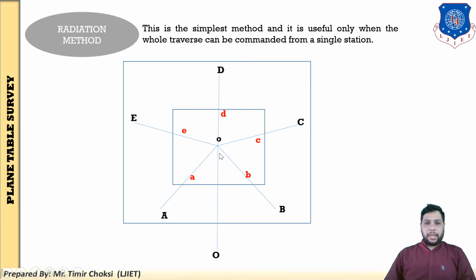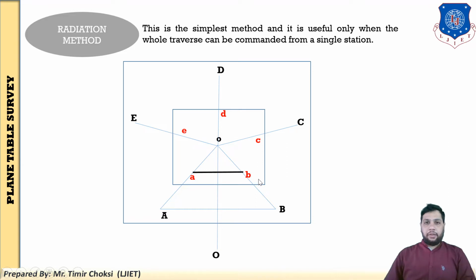Now how to check whether your work is right or wrong. After plotting the points A, B, C, D and E on the drawing sheet, for the accuracy check you measure the distance between capital A and capital B on the ground. Like, if the scale is 1 centimeter to 1 meter and the distance is 50 meters, then on the drawing sheet you should get a 50 centimeter line joining small a to small b.